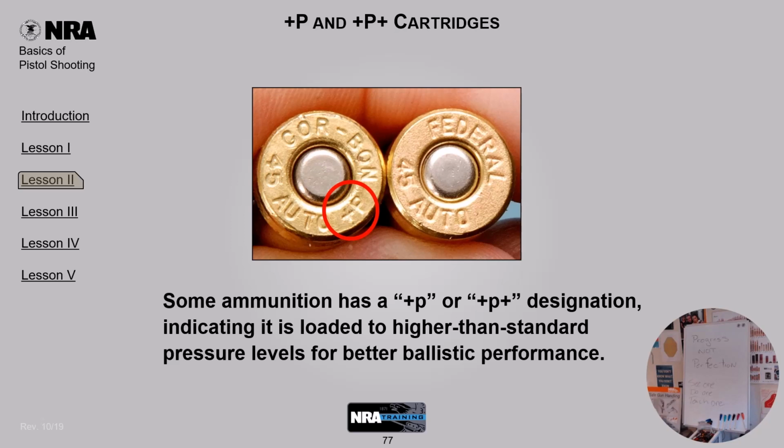If you look at the question, it says, cartridges loaded to lower pressure than standard ammunition are known as plus P cartridges. If you look at the slide, it says some ammunition has a plus P or plus P plus designation, indicating it is loaded to what? Oh, higher than standard pressure levels for better ballistic performance. So that would also be false.